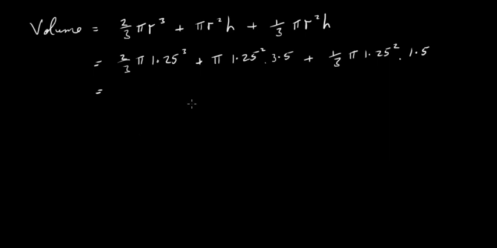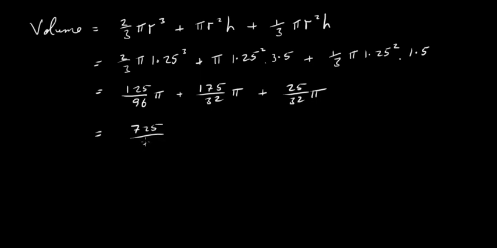If you ignore the pi's here or leave them separately, you get 125 over 96 pi here. Here you get 175 over 32 pi, and finally at the end here you get 25 over 32 pi. Now if we add those up, we get 725 over 96 pi.